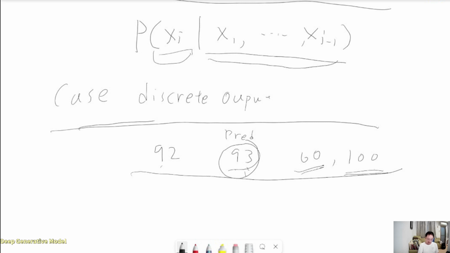So for the lottery case, these outputs are discrete. However, if you consider a test score, then that one is more like a regression, a structured or continuous output, even though these outputs are all finite.